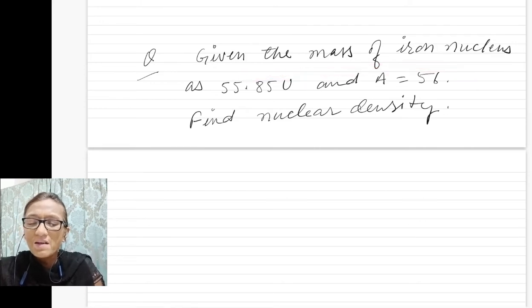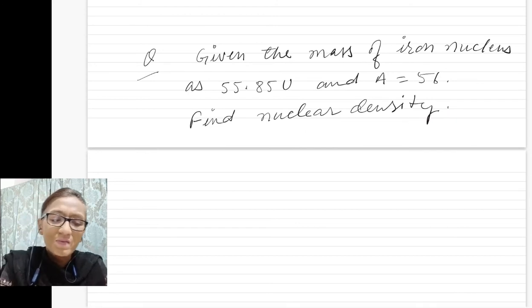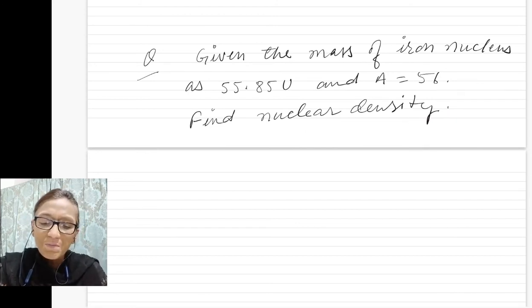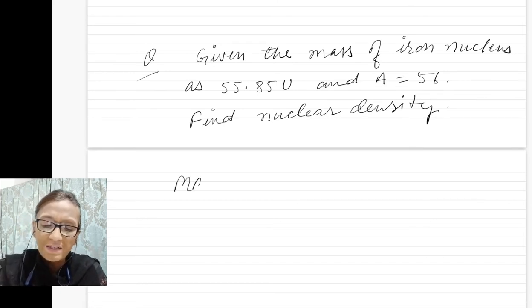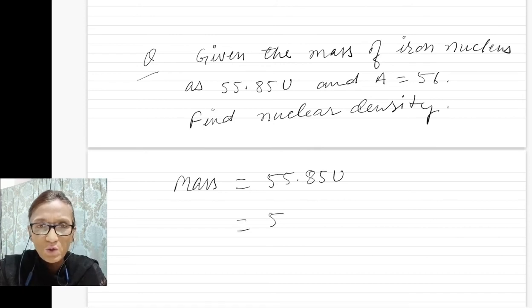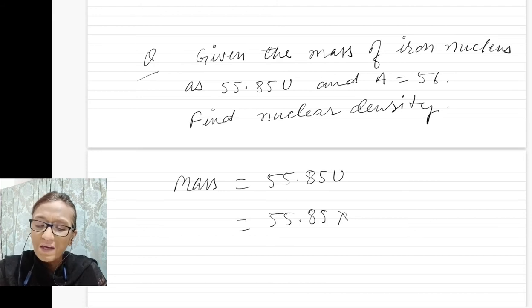Given the mass of iron nucleus as 55.85 u and mass number A 56, find the nuclear density. Now let me first of all convert this mass into SI unit for calculations. Mass given is 55.85 u, so it will be equal to, here we will be writing the value of 1 u in terms of kg.